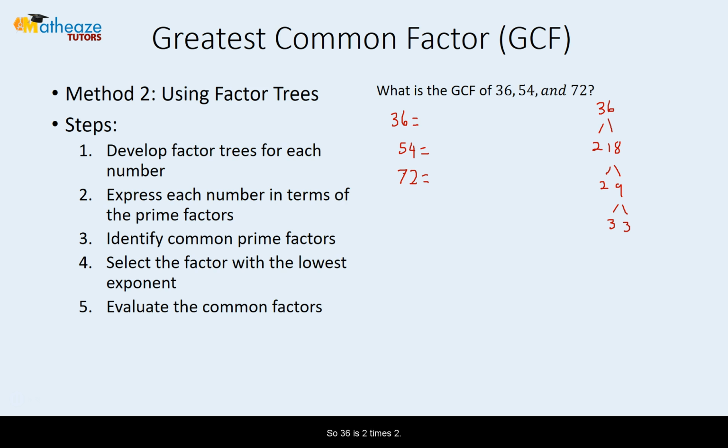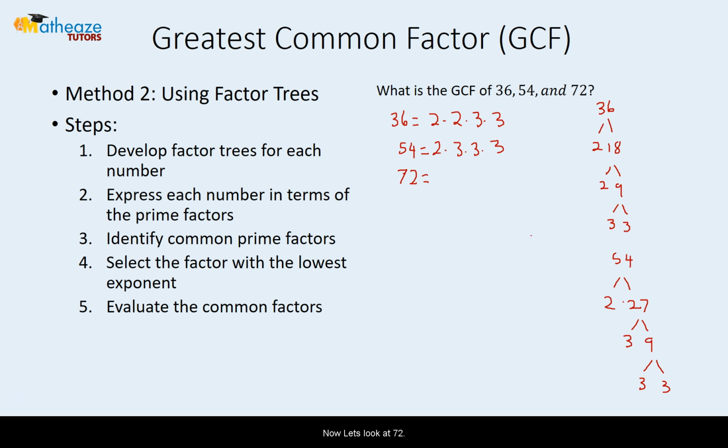So 36 is 2 times 2 times 3 times 3. 54 is 2 and 27. This is going to give us 3 and 9, and then 3 and 3. So this is going to be 2 times 3 times 3 times 3.